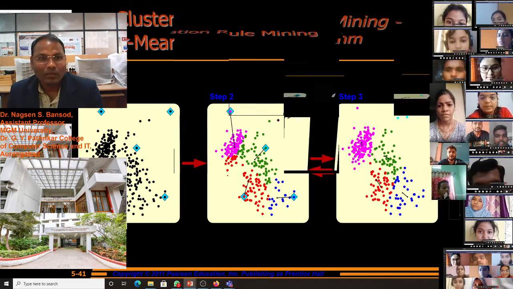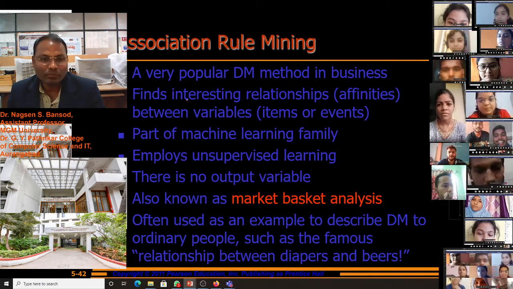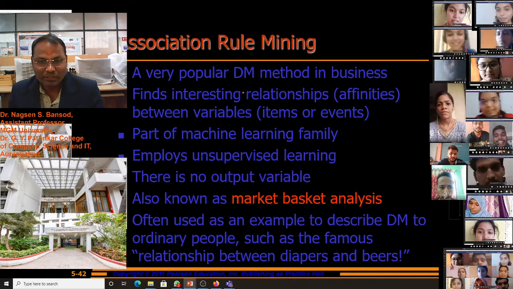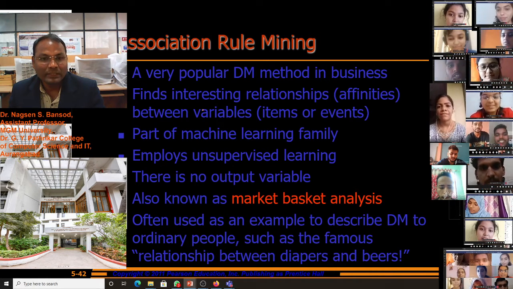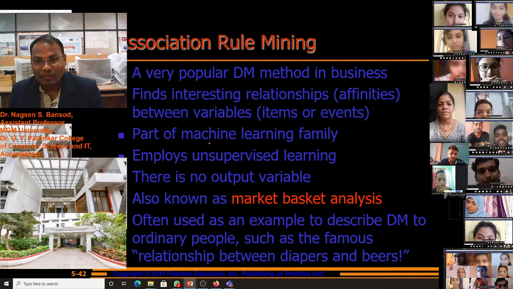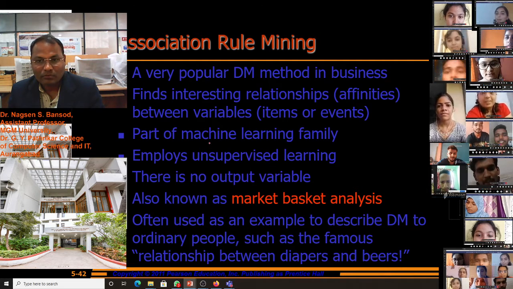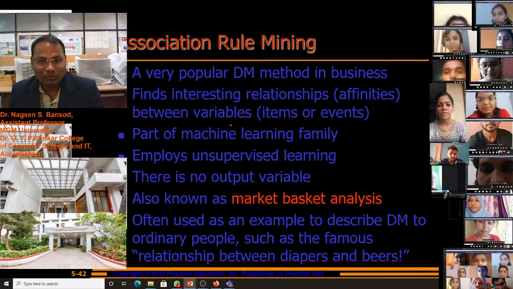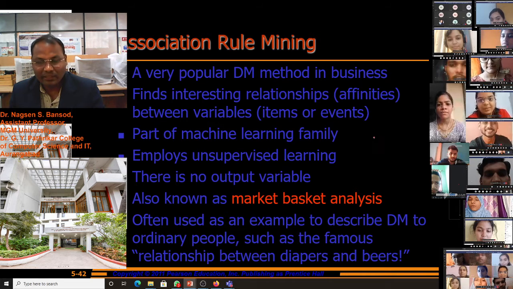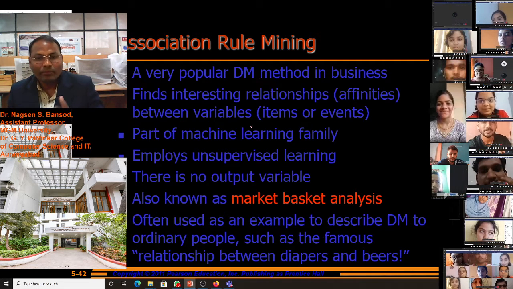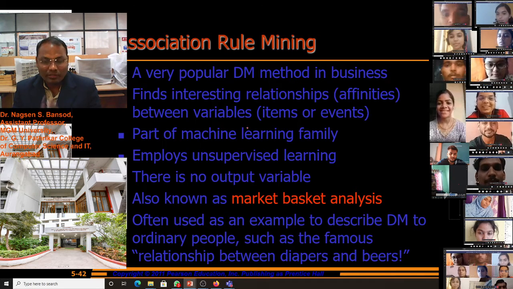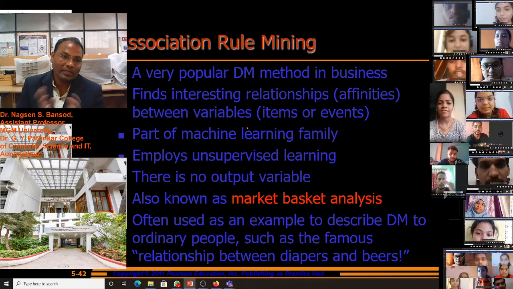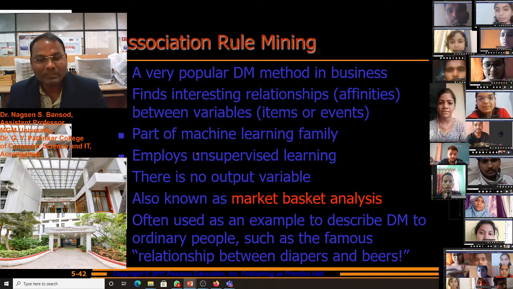Okay. Then association rule mining, a very popular data mining method in business. Association rule is very popular for finding interesting relationships. Interesting relationships mean affinities between variables, items or events. The variables depend upon the application.